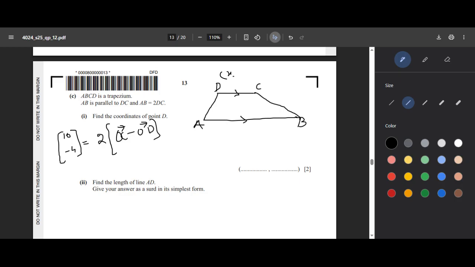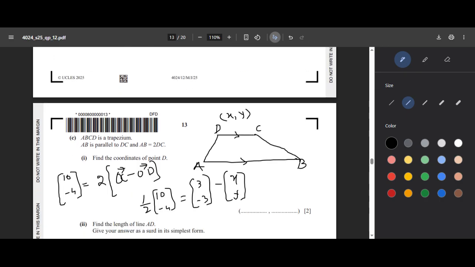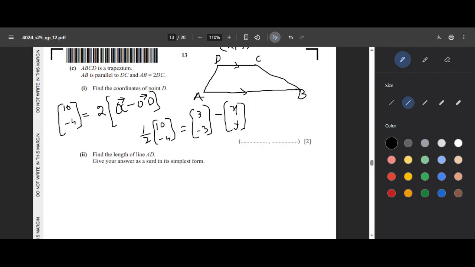Your OD, D is in terms of XY. So this 2 will become here 1 by 2. 10 minus 4 equals 1 by 2 of your OC, I think 3 minus 3, and minus OD is X and Y. Let me check for C. C is 3 minus 3, yes.